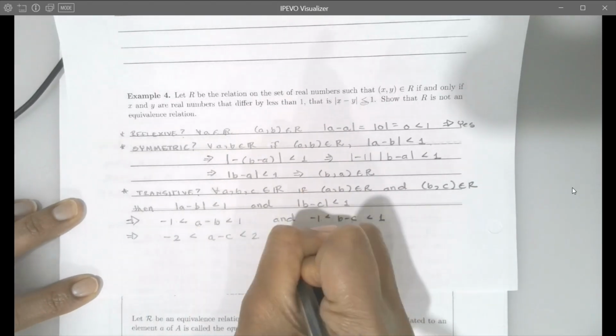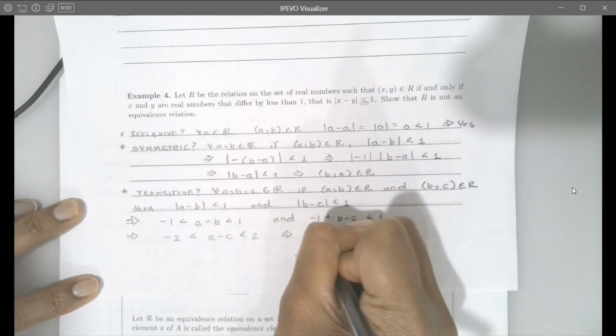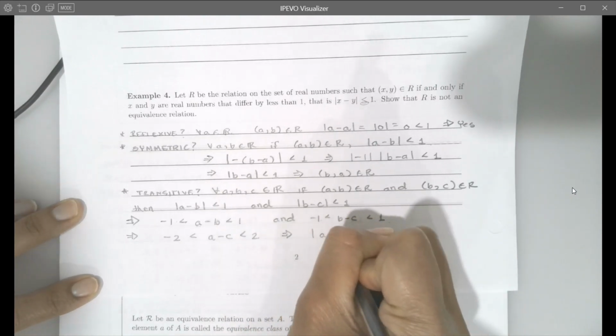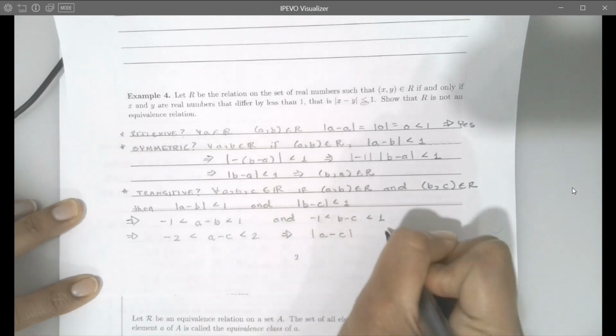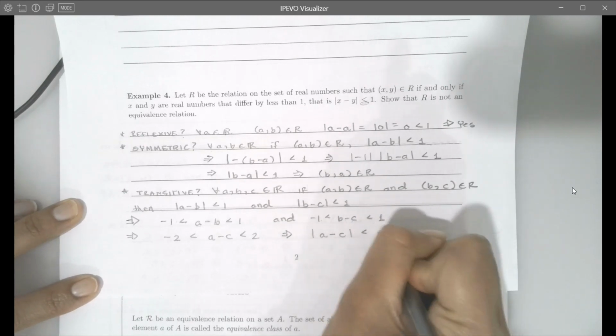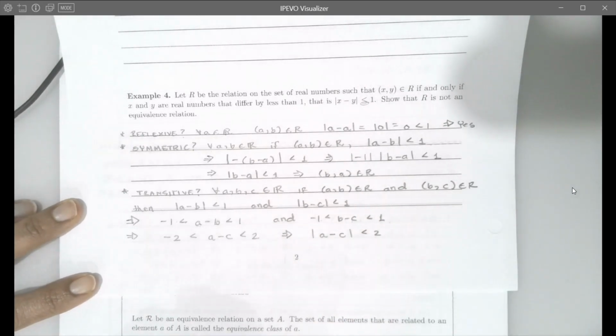Okay, now using again the definition of absolute value, that means that the absolute value of A minus C is going to be less than 2. And so we see then that the relation fails to be transitive, right?